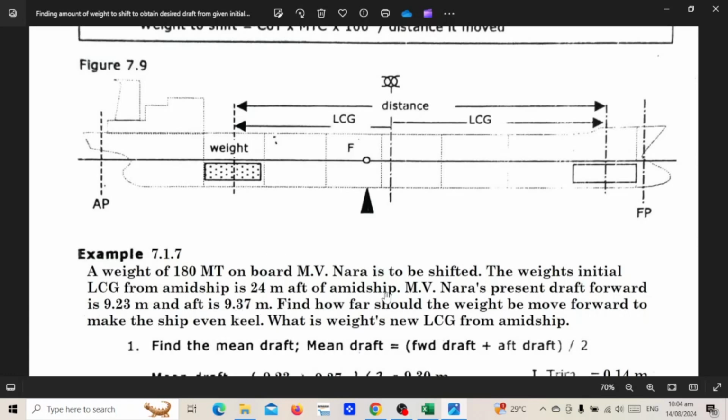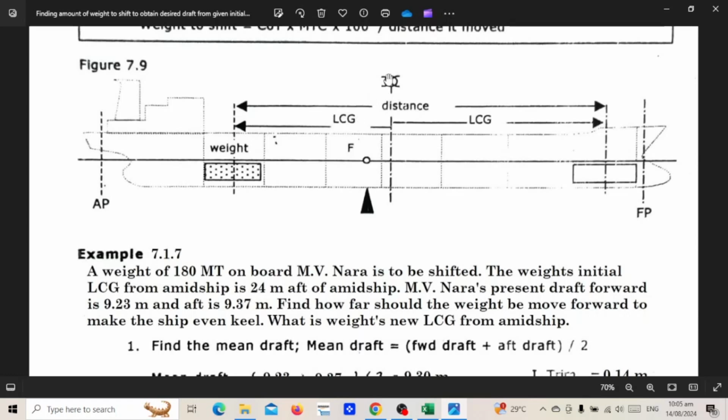And remember, guys, the initial LCG aft of amidship is 24 aft of amidship, meaning the weight of 180 metric tons is from amidship 24 meters. From here, you go back until the middle of the weight here will be 24 meters. This is the one, guys.